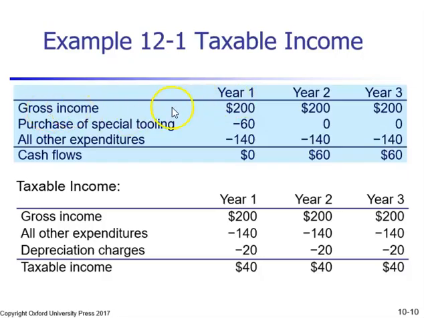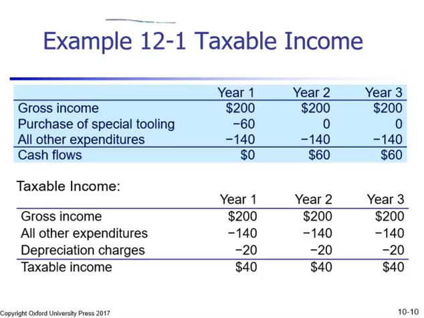What is the gross income? $200. So $200 in year 1, $200 in year 2, $200 in year 3. We are working on the cash flow. What else do we have? Purchase of special tooling.